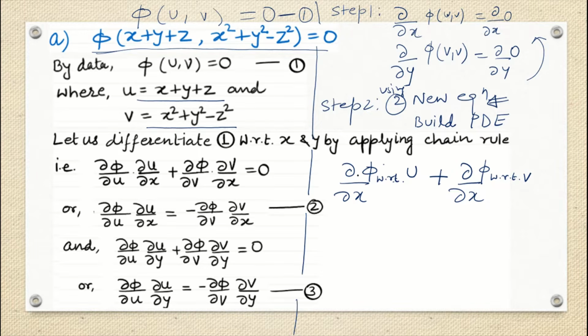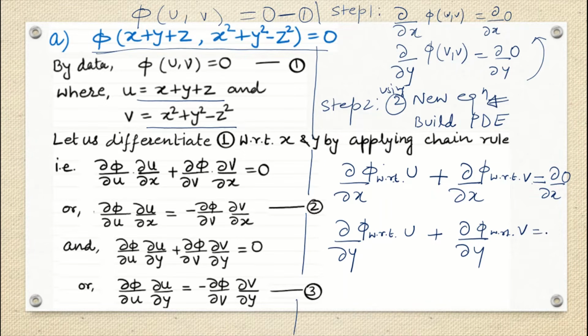I think things are clear here. This will be your left hand side. Similarly, I will find del by del y of phi with respect to u, plus del by del y of phi with respect to v, and that will be my left hand side, and the right hand side will be del by del y of 0.